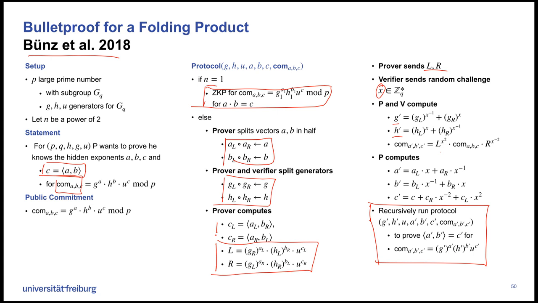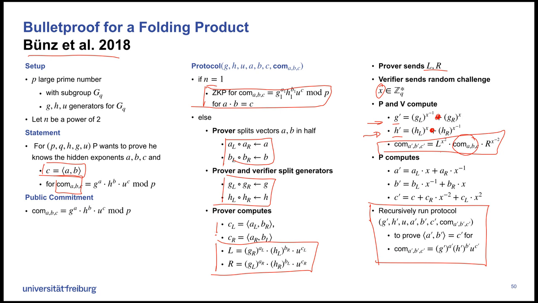And this is again, as in the last proof, something that we can do together. And then we take the last commitment and change it to a new commitment. And we have new generators again, generators to the power of x here and to the x minus 1. And this should be a multiplication. So that's a mistake here. Plus doesn't make sense.